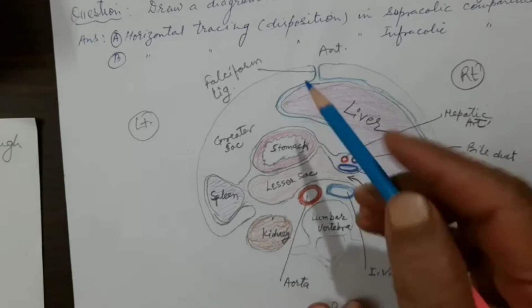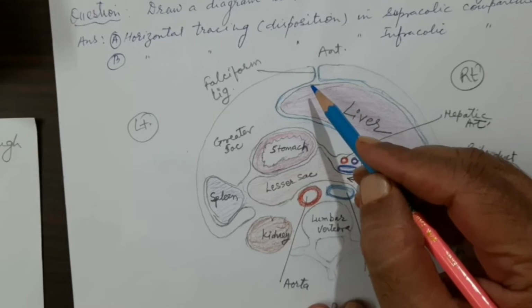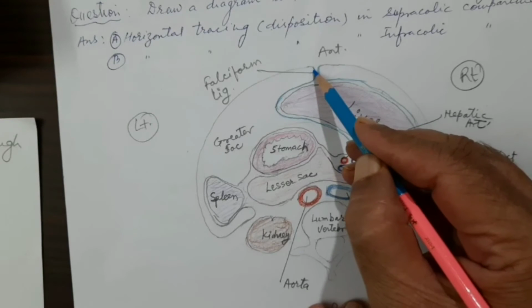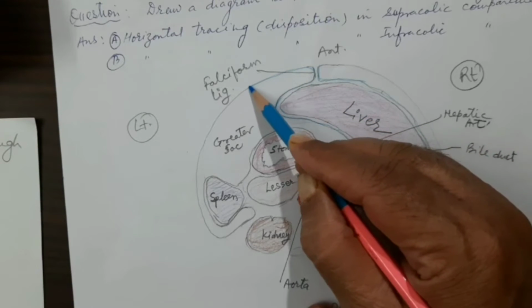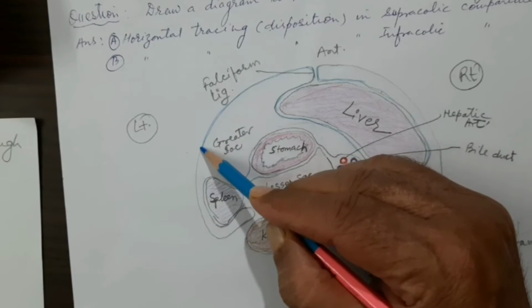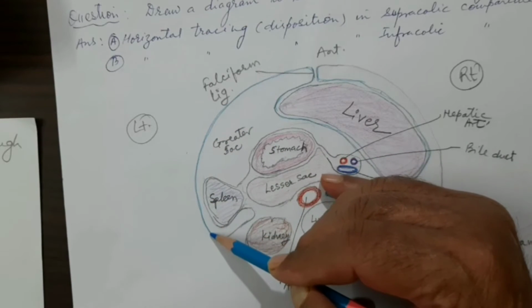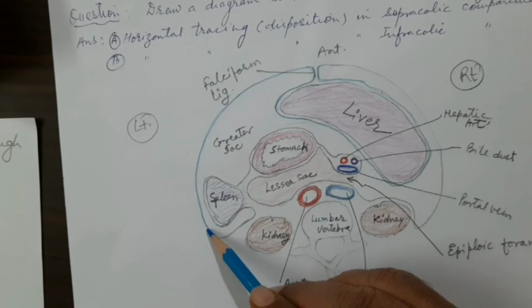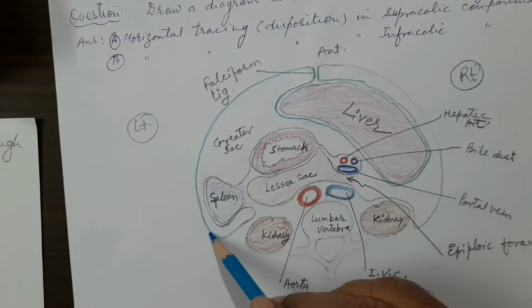Now from the falciform ligament we go towards the left side, covering the anterior abdominal wall.